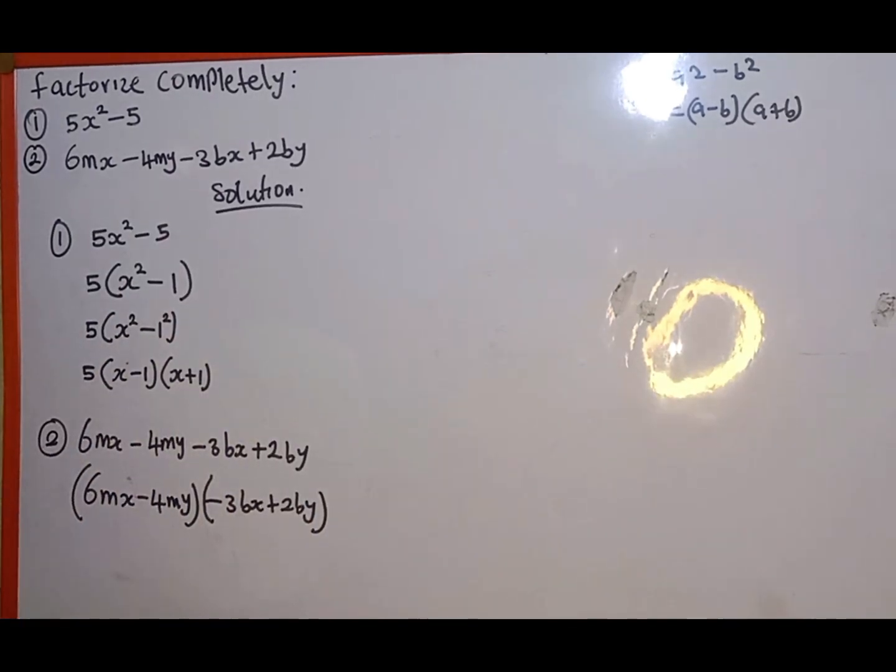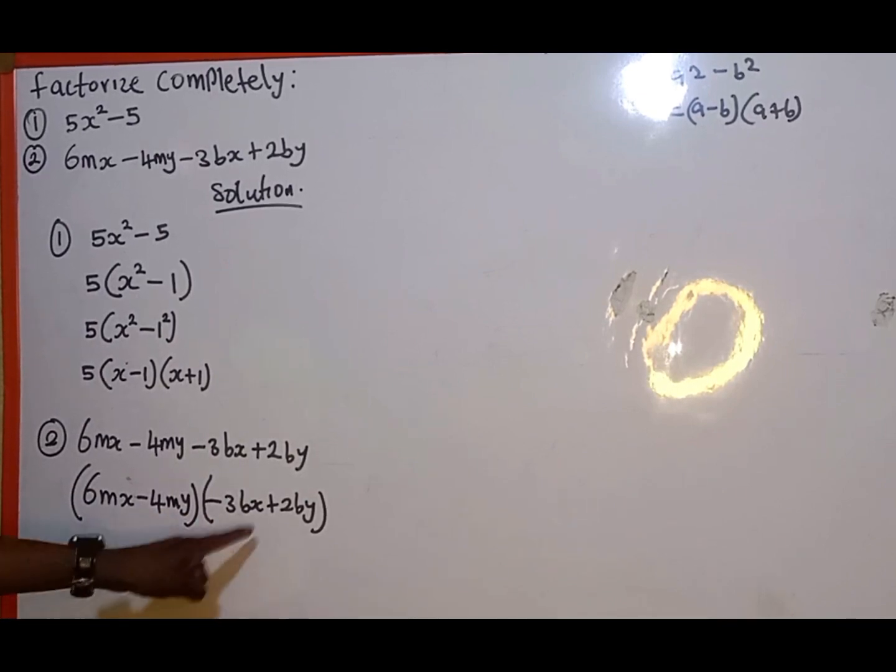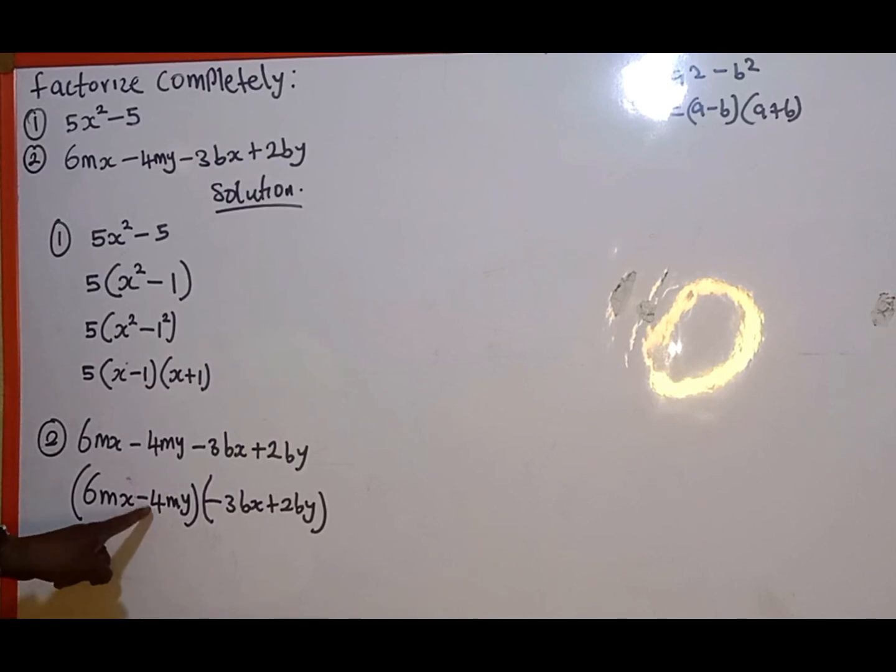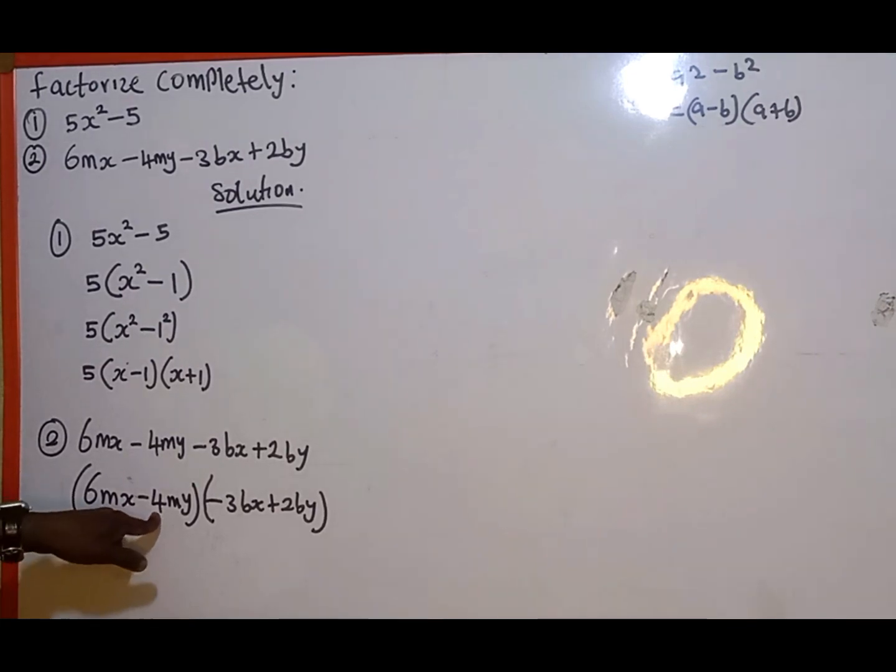The next thing we are going to do is to look at these two brackets. Then we are going to factor out from each of the brackets. The first bracket, we have 6mx and this is minus 4my. We notice that the constants 6 and 4 are even numbers. 2 can go into 6 3 times, then 2 can also go into 4 2 times.